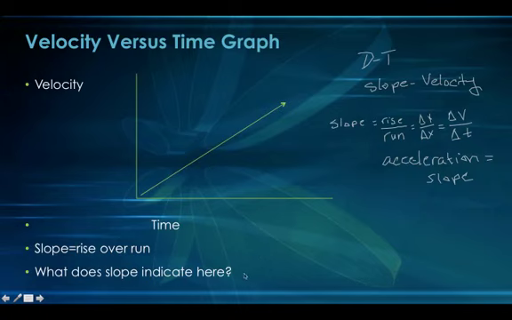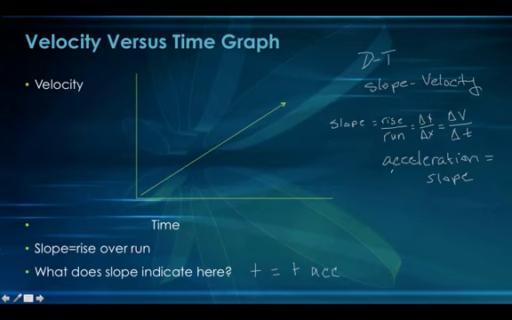So we know two things about the slope here. The first thing we know is that we have a positive slope, so that means we have a positive acceleration. We also know that we have a linear line. So if we have a linear line, that means that the slope is going to be the same at every single point.